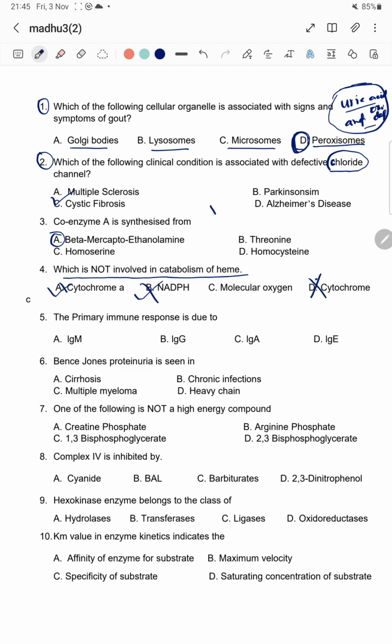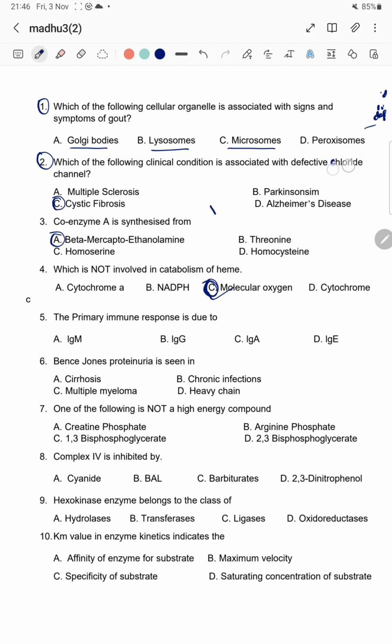The one and only substance that we do not need for catabolism of heme is molecular oxygen. Molecular oxygen is the correct answer, and the remaining ones, cytochrome A, NADPH, cytochrome, are all incorrect. So this is the correct answer. Here let me put a circle over here. May I erase it so that it will be clear for you all.